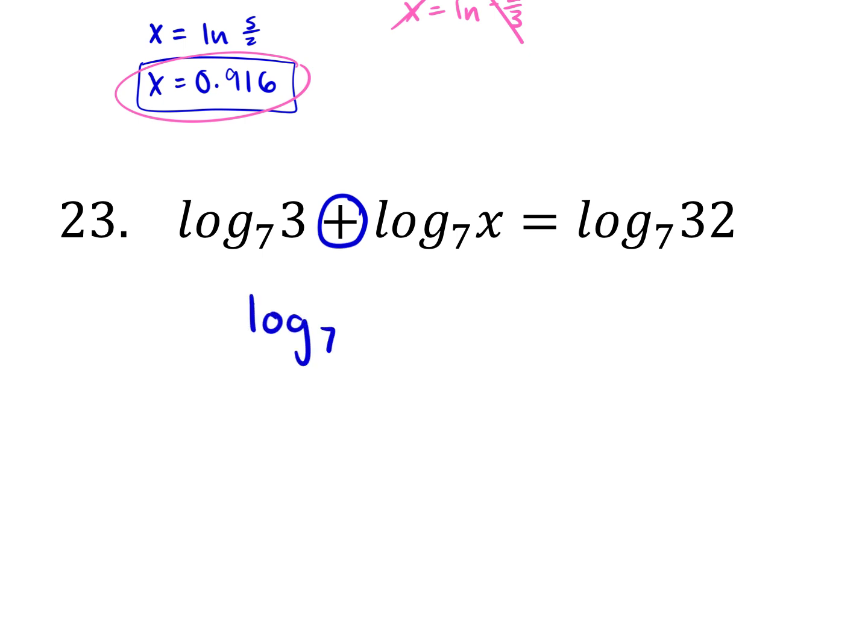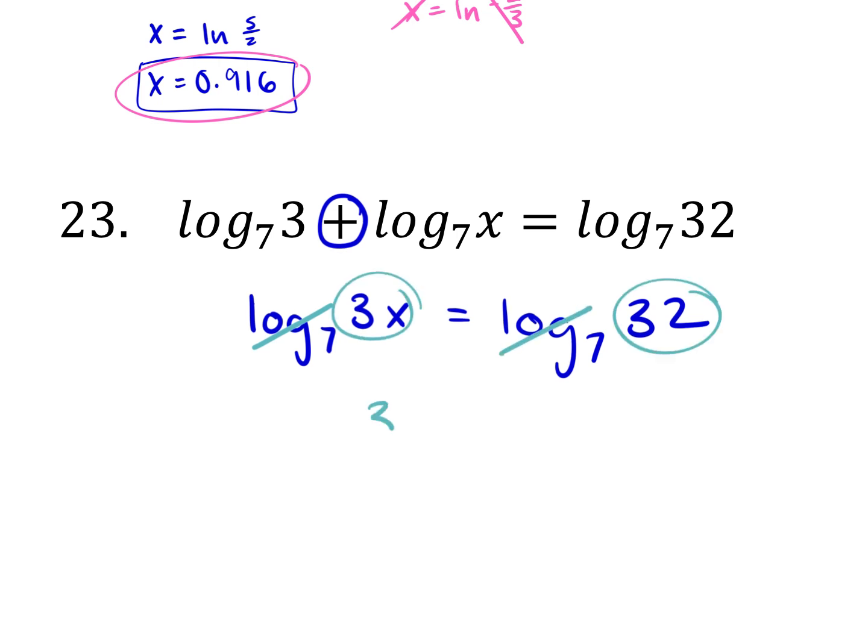So log base 7 of 3 times x equals log base 7 of 32. Now that our bases are the same, they cancel. So 3x equals 32. Then just divide by 3. x equals 32 divided by 3, which is 10.667.